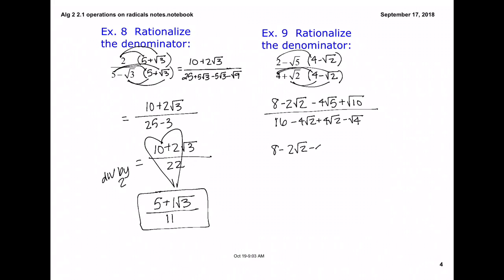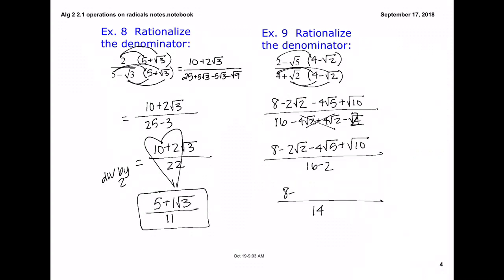All of our radicals are simplified, and none of them are like terms. In our denominator, we can see negative root 2 plus 4 root 2 cancels out. Square root of 4 is a whole 2. 16 minus 2 gives us 14 in the denominator.